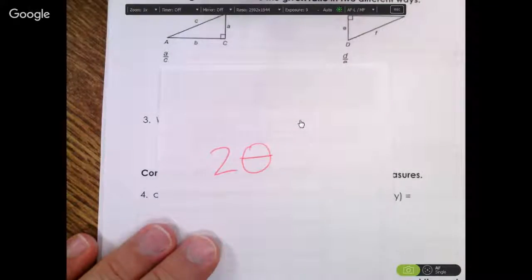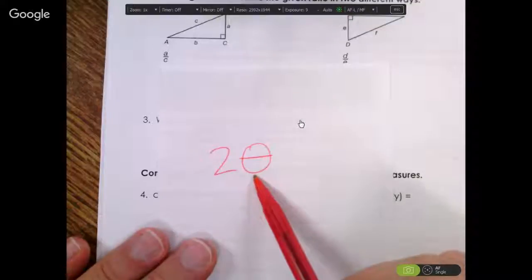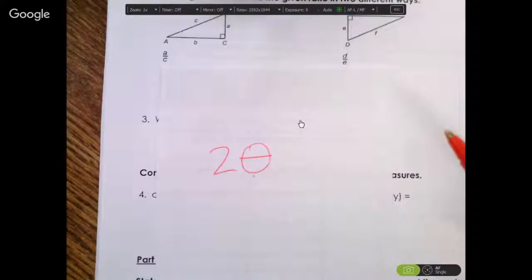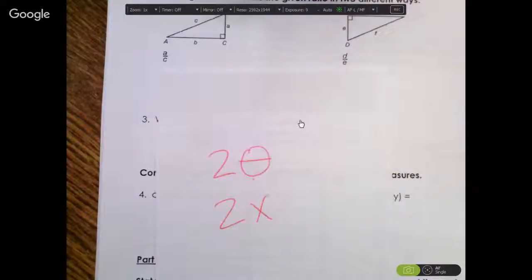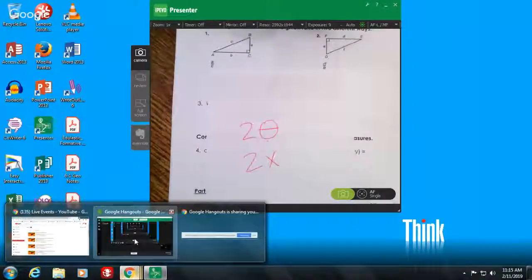We usually use X or Y or Z. Theta is often used in mathematics as the variable for an angle. That's all that means. So 2 theta just means this would be the same as 2x. 2 theta is equal to sine of theta plus cosine of theta. We have to know that. Which question? Show me tomorrow, okay?